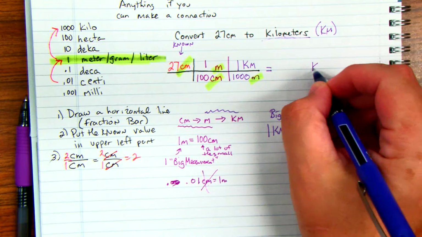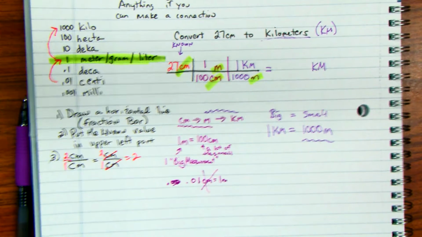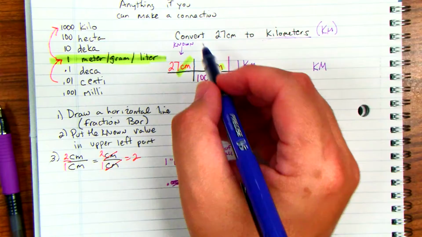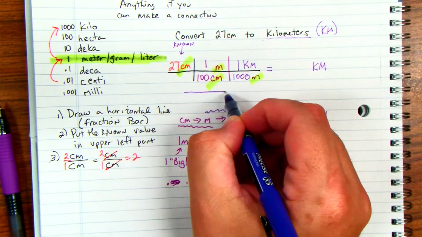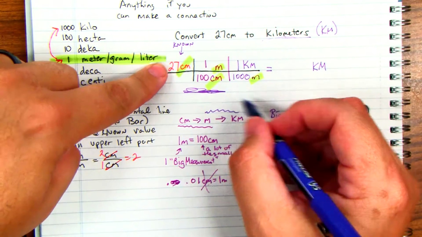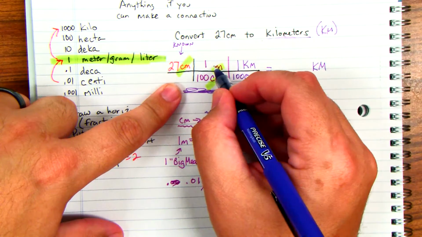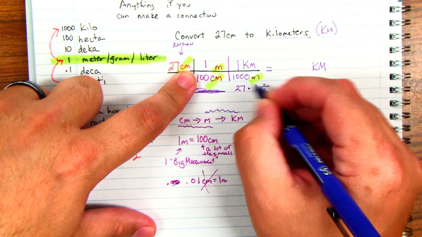Now, then we're going to use a calculator. I don't have the calculator on me right off the bat, but what we'll end up doing is taking that 27 times 1, because when we move across, we multiply. 27 times 1, then since we have the 100 in the bottom, we're going to divide by 100.